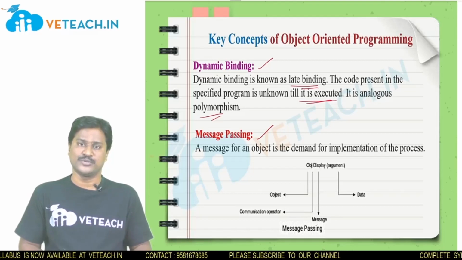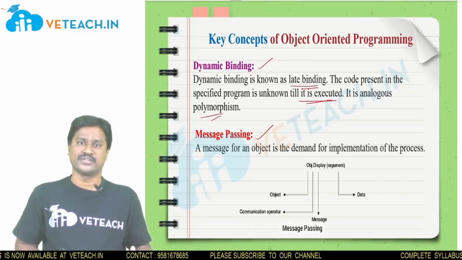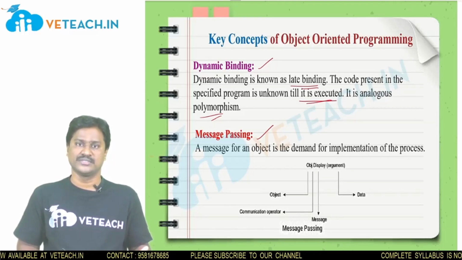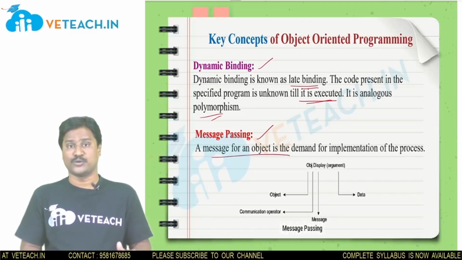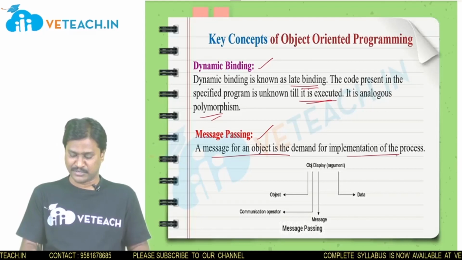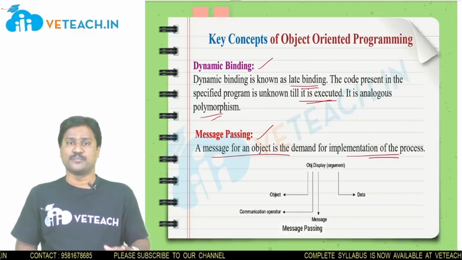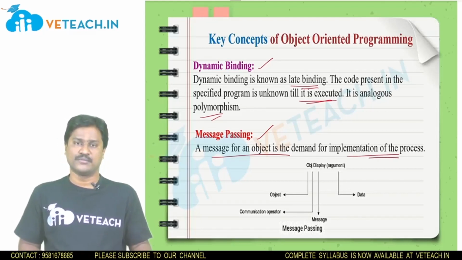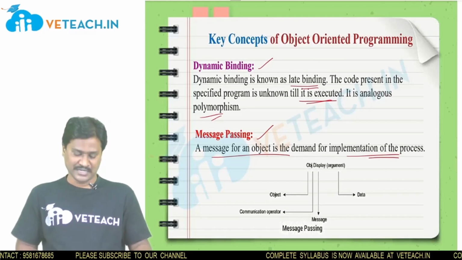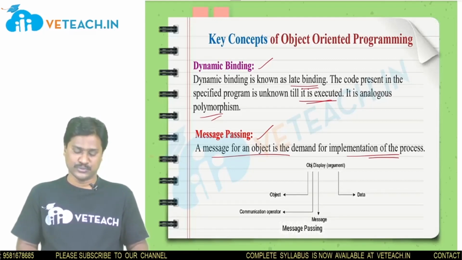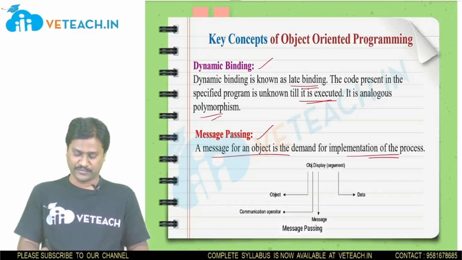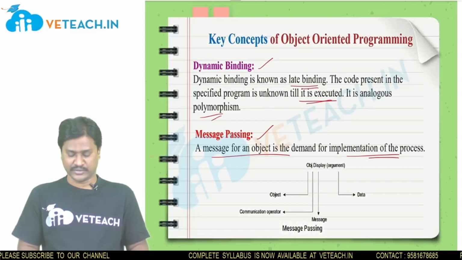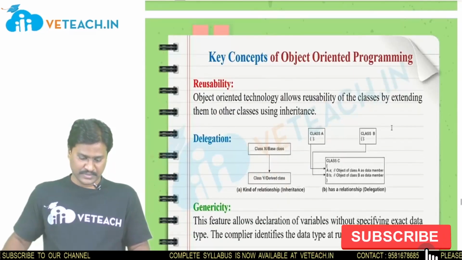At runtime only can we specify a particular operation or data type to work on in this processing. And message passing, as I told you, is the message for an object, a demand for implementation of a process. It specifies what operation is going to be performed on the data held by the object, giving the object the information to perform that particular process on the data, just like this.